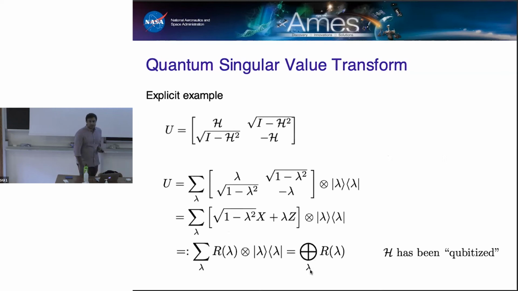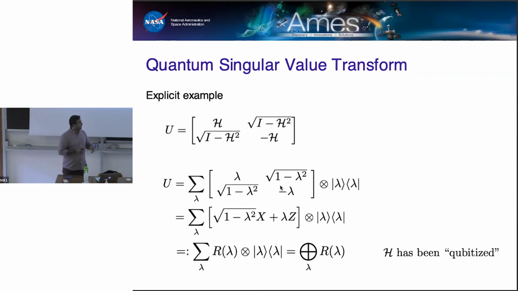In that basis, you can work out that this U can be written as a direct sum of these rotation operators, which look like this. We have one such rotation operator for each eigenvalue of the Hamiltonian. And so we say that the Hamiltonian has been qubitized. This terminology still lingers even when we're not using just a single qubit to block encode the Hamiltonian.